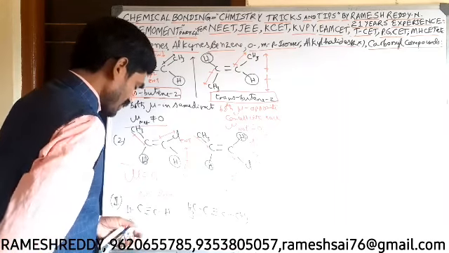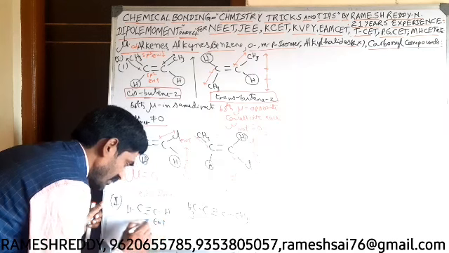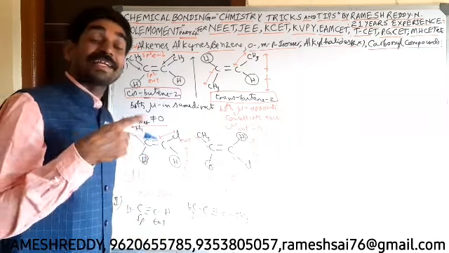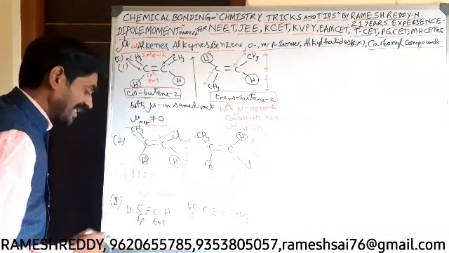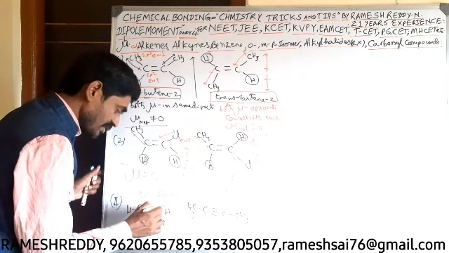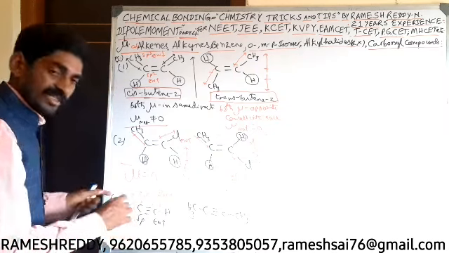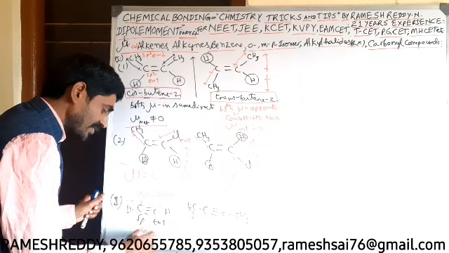You know, sp carbon is more electronegative, because as the percentage of s orbital content increases, the electronegativity of carbon increases. So the dipole moment is from hydrogen towards the sp carbon, here also from hydrogen towards the sp carbon. Both have the same magnitude but cancel each other. So the net dipole moment is 0.